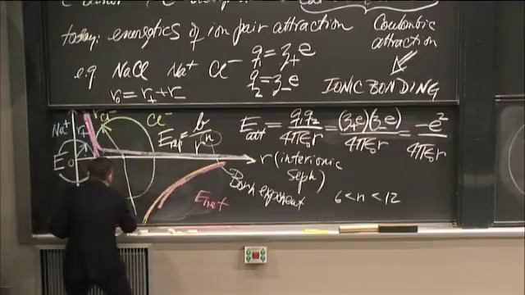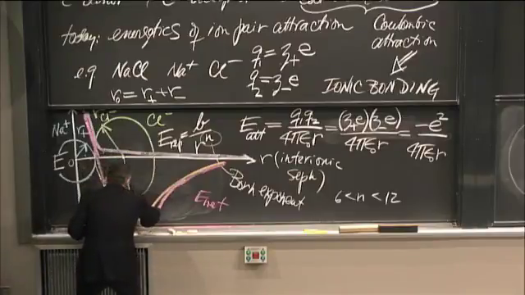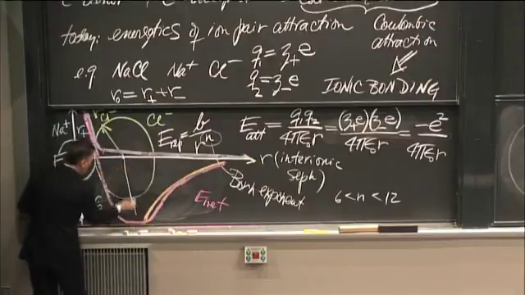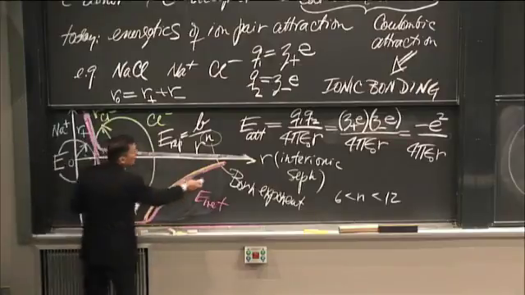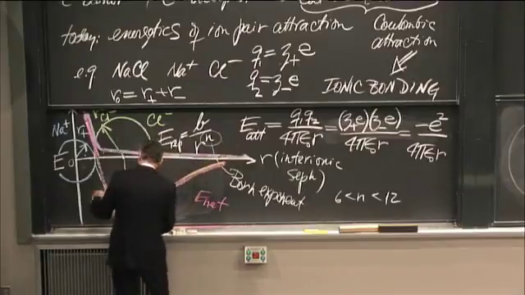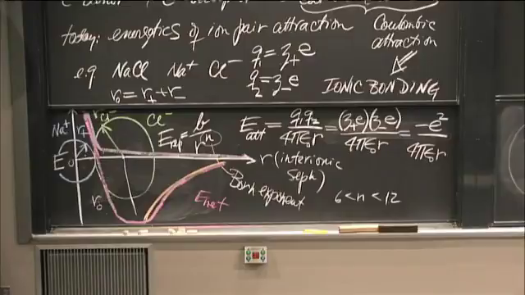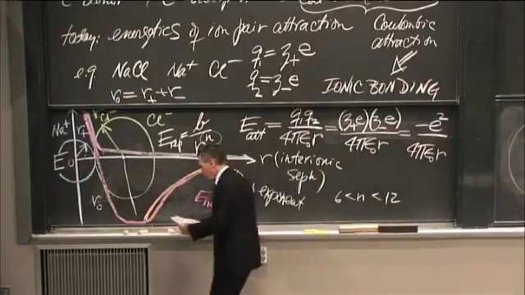So I'm going to cheat a little bit here, and I'm going to add these two in such a way as to go through a minimum value of energy at r equals r naught, which is the sum of E attractive and E repulsive. So we can sum those two, and let's see what we get.